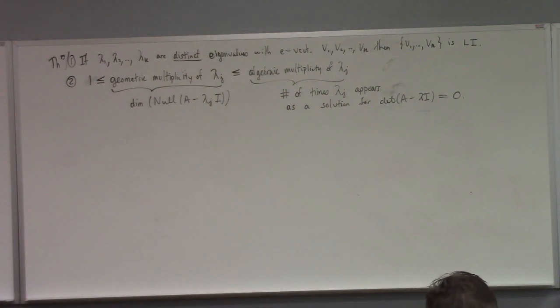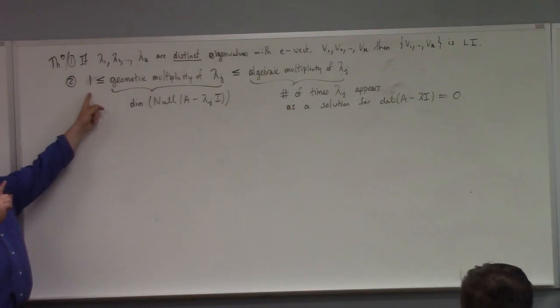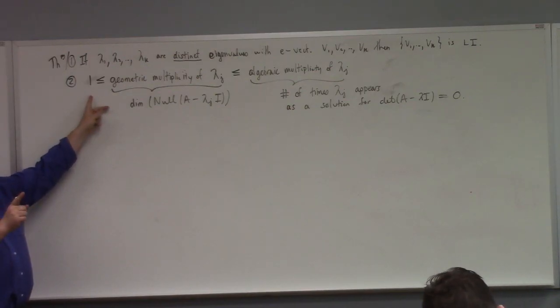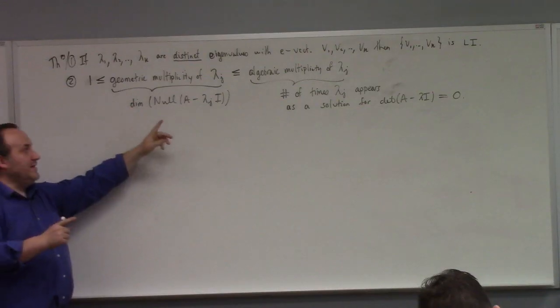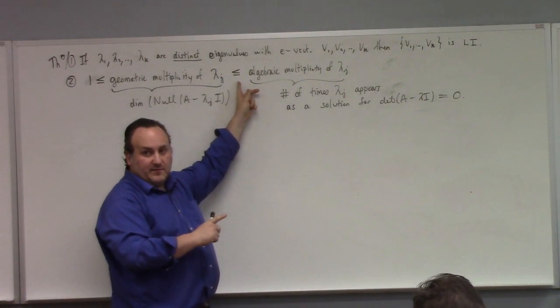In other words, the geometric multiplicity is the maximum number of linearly independent eigenvectors, whereas the algebraic multiplicity is simply the number of times that eigenvalue appears as a solution to the characteristic equation. This, at the bottom, tells you that you always have at least one eigenvector for each eigenvalue. But this inequality up here warns you that you might not always have enough.